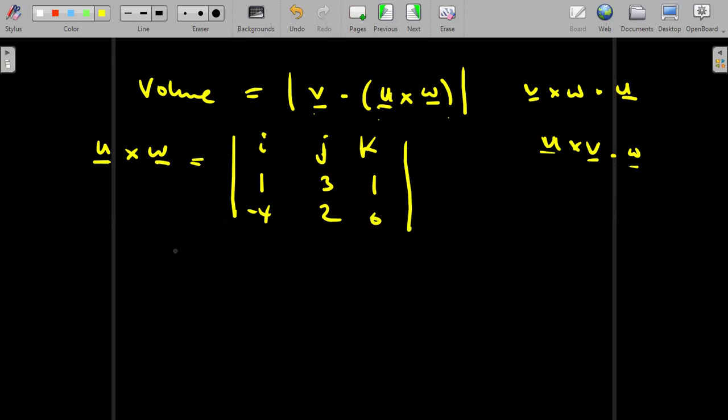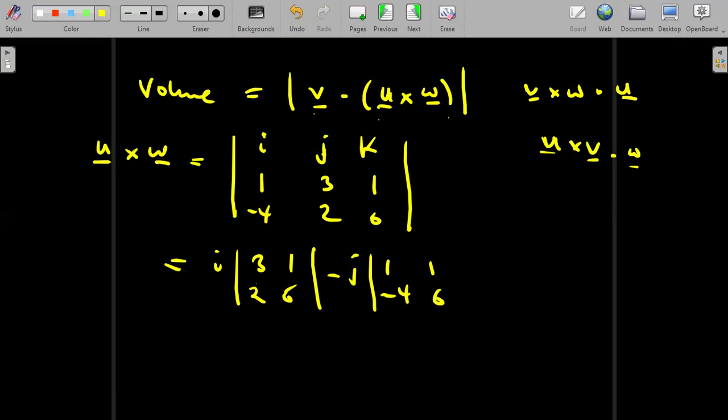And this is just going to be equal to, I have i, then here I remain with 3, 2, 1, and 6. Then -j there. Then I'll have 1, -4, 1, and 6, like that. Then I'll have k there to be 1, -4, 3, and 2. So this is what I'm going to get.